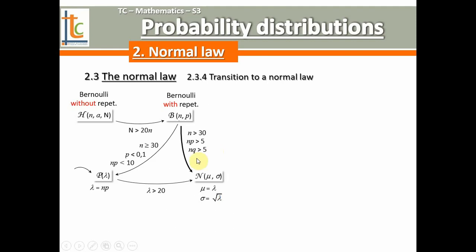So this way, you can create a normal distribution and its result will be close to the results of a binomial distribution, with parameters that are obviously mu equals n times p, the expectation of the binomial distribution. And what was the standard deviation of the binomial distribution? The square root of n times p times q.